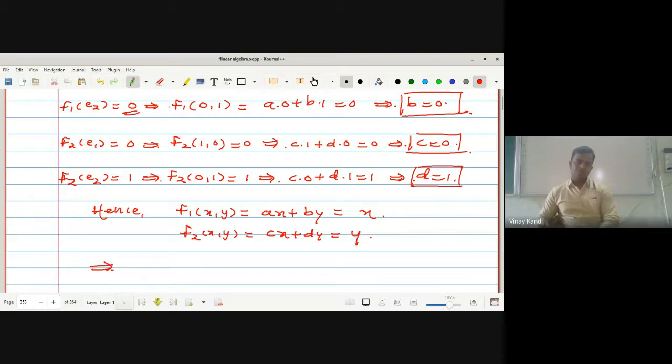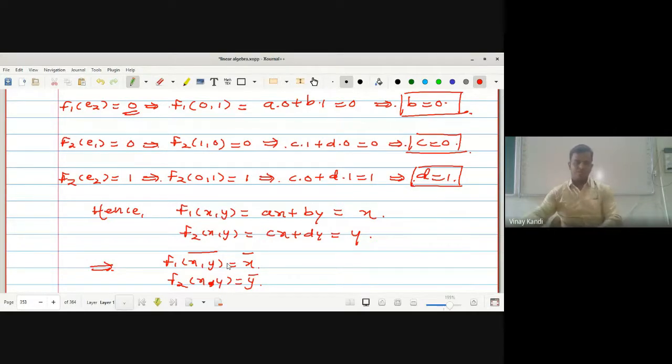So this implies f1 of xy is equal to x, and f2 of xy is equal to y. Now look here. Here there are two inputs, how many outputs come? Only one. So hence f1 and f2 are functionals from R2 to R, which are linear.